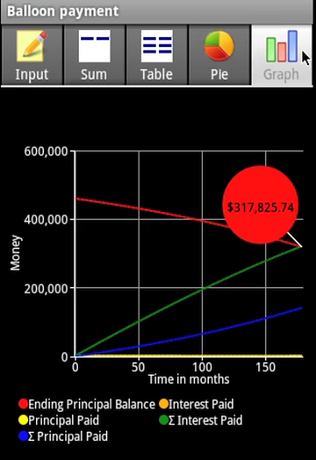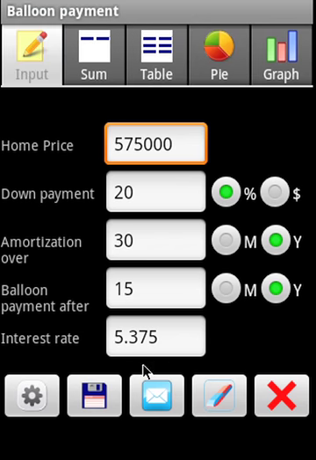This is how the various balances look like over the term of the loan. You can also save the result to SD card. You can also email the result as an attachment.